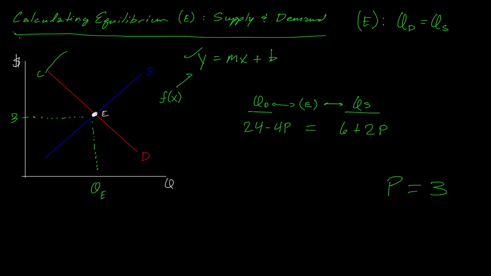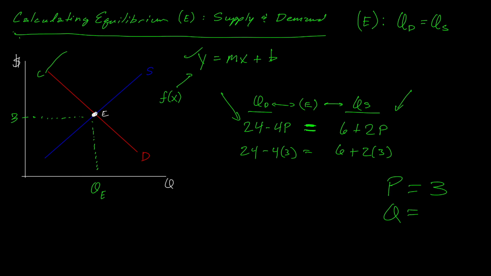And you'll know that something's gone wrong, which I almost did, if after substituting 3 for price in quantity supplied, and doing the same for quantity demanded, these answers don't come out the same. Then you'll need to back up and take a look at what's going on. 24 minus 4 times 3, and 6 plus 2 times 3.